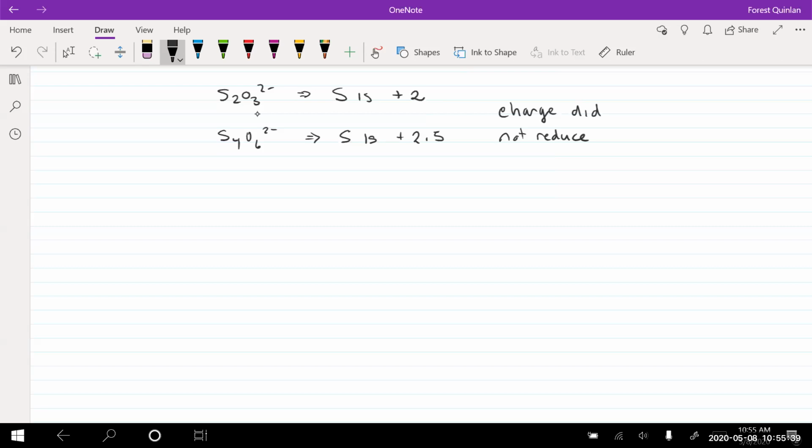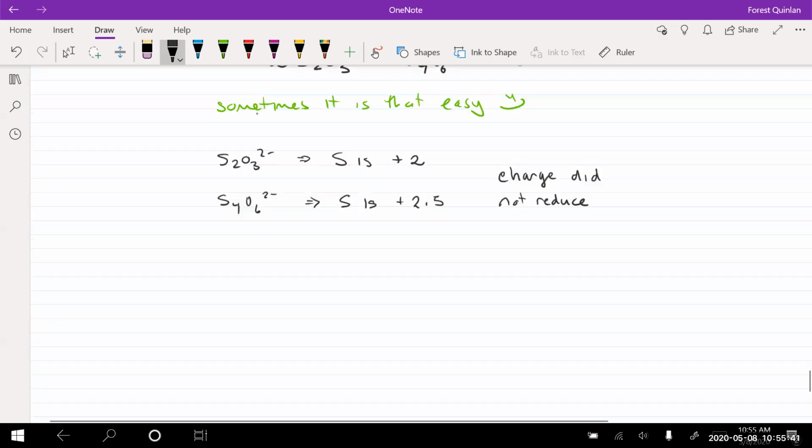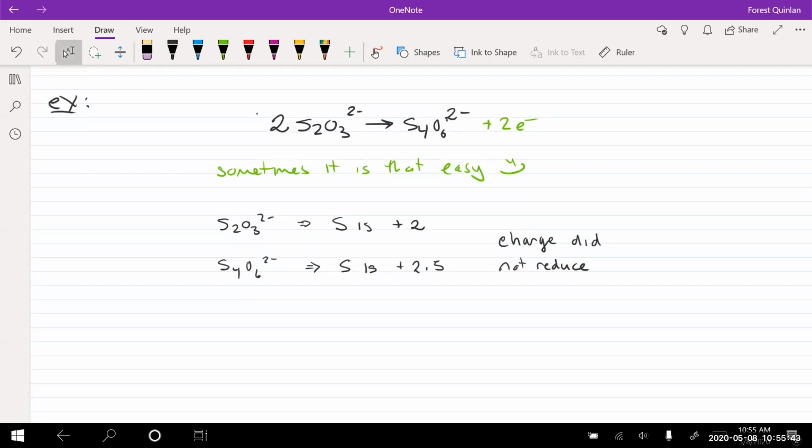So it's just another way to double check yourself. You don't have to. If you're confident in your abilities at the beginning, you can see that it's not gaining electrons, so it is oxidation.